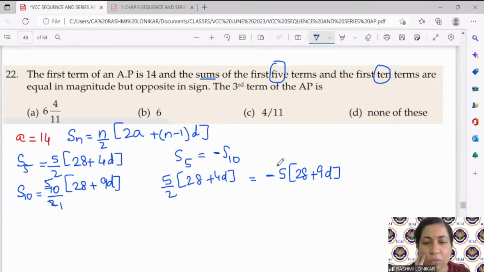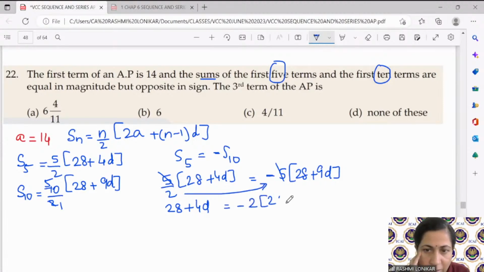So this 5 will cancel with this 5 and I get 28 plus 4D. I take this 2 from here to this side. This is equal to minus 2 into 28 plus 9D. Now this is 28 plus 4D is equal to minus 56 minus 18D.